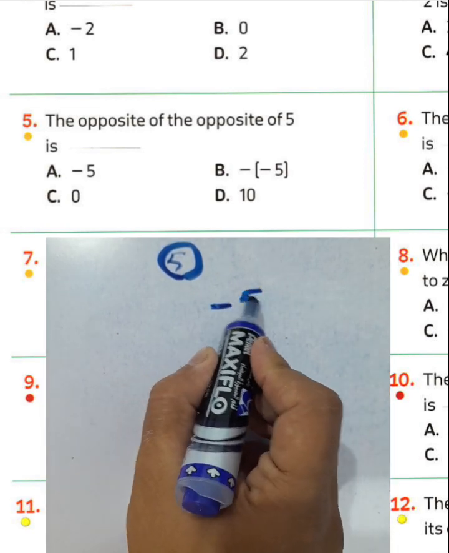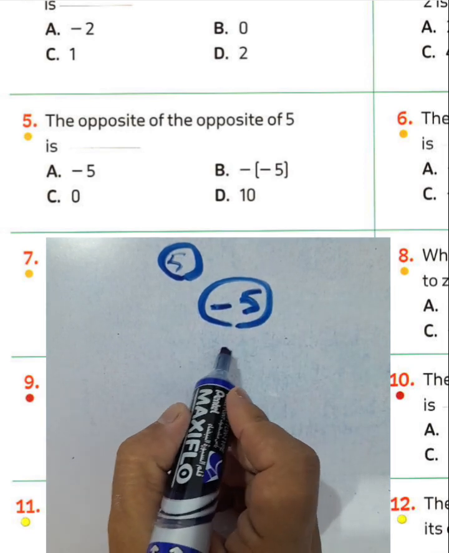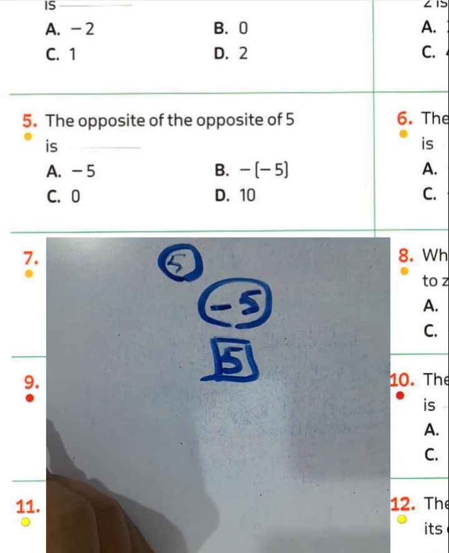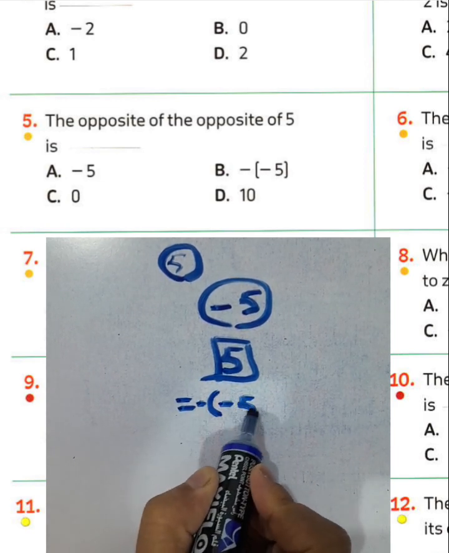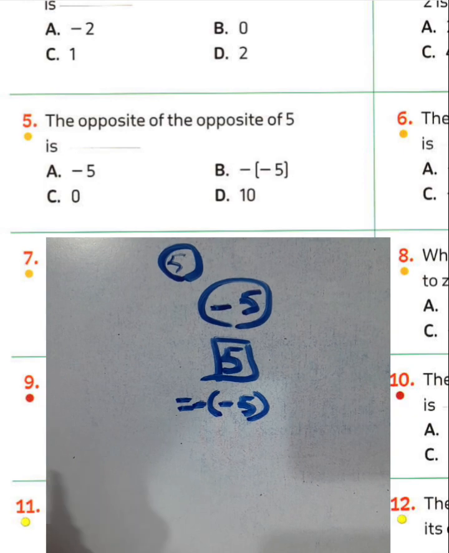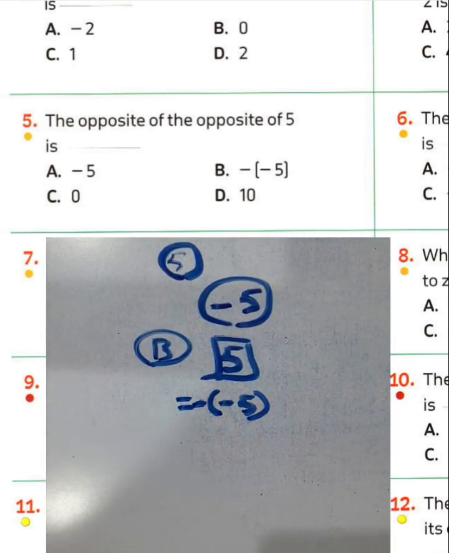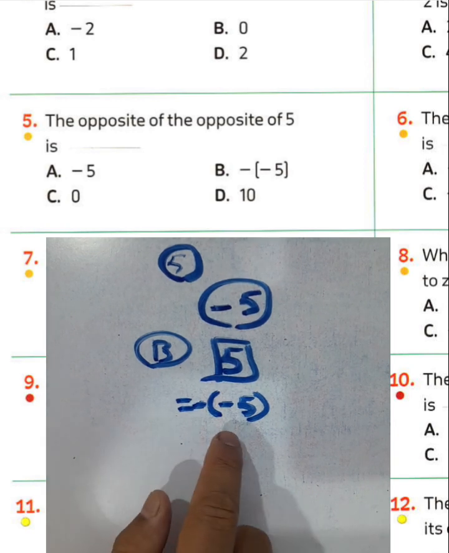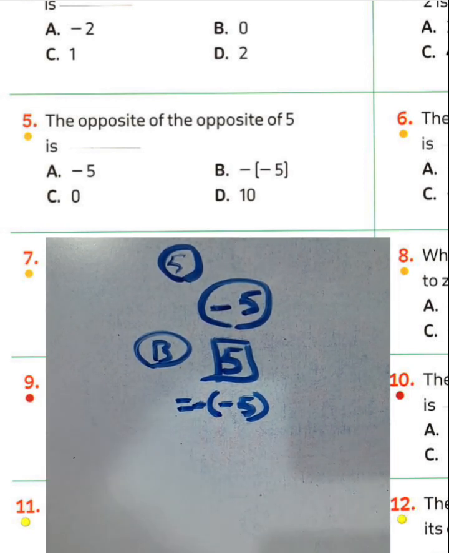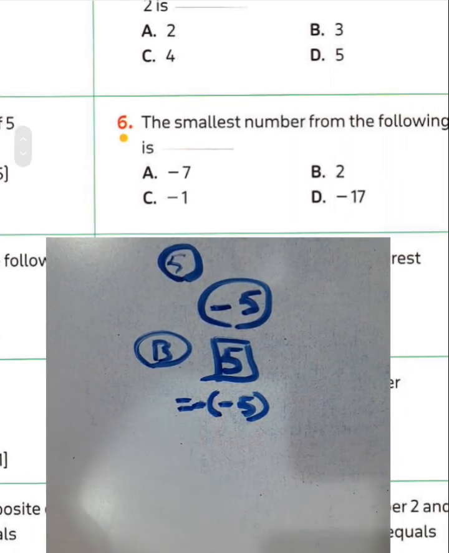The opposite of 5 is -5, then the opposite of -5 will be 5. Here, 5 equals -(-5). Okay, choose letter B. It's very important. Why? Because negative times negative equals positive.